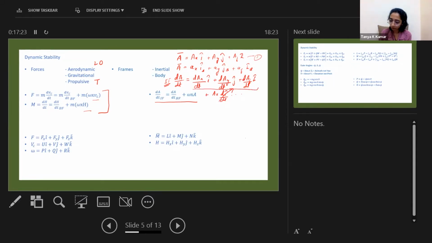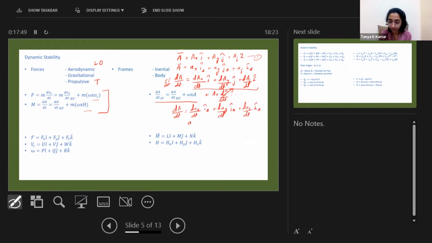Okay. Now we differentiate in the body frame. So dA by dt would be dAx by dt iB plus dAy by dt jB plus dAz by dt kB. And now we differentiate the unit vectors.